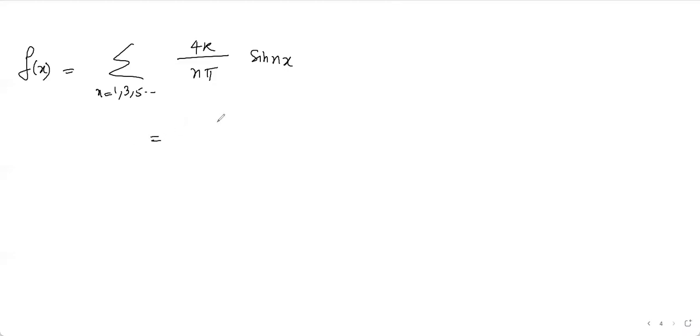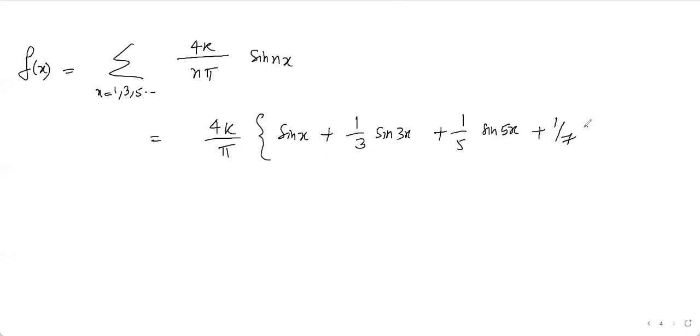So this will be 4k by pi times sine x plus 1 by 3 sine 3x plus 1 by 5 sine 5x plus 1 by 7 sine 7x, and so on. Let us keep this as equation 2. This is what we get as the required expansion of the function f of x.